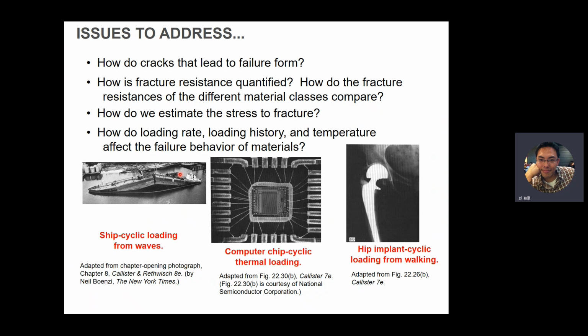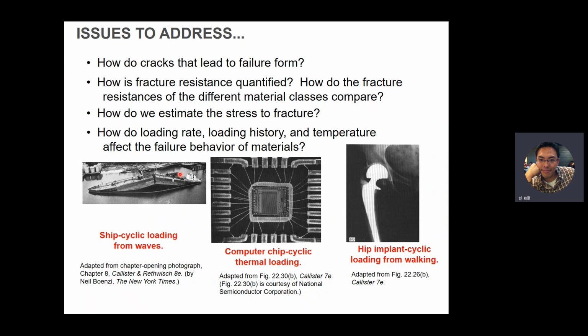For the case of the ship, it is probably due to the cyclic loading from waves, and the second picture shows the chip with wire bonding to the PCB, the printed circuit board. Mostly the failure inside the chips is due to the thermal cycle, which triggers a thermal mismatch between the chips and the printed circuit board.